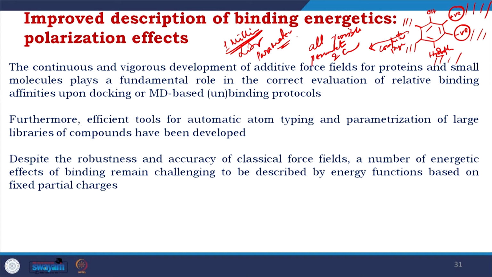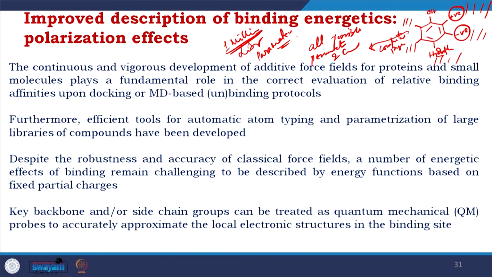Despite the robustness and accuracy of classical force fields, a number of energetic effects of binding remain challenging to be described by energy functions based on fixed partial charges. Key backbone and or side chain groups can be treated as quantum mechanical probes to accurately approximate the local electronic structure in the binding site.